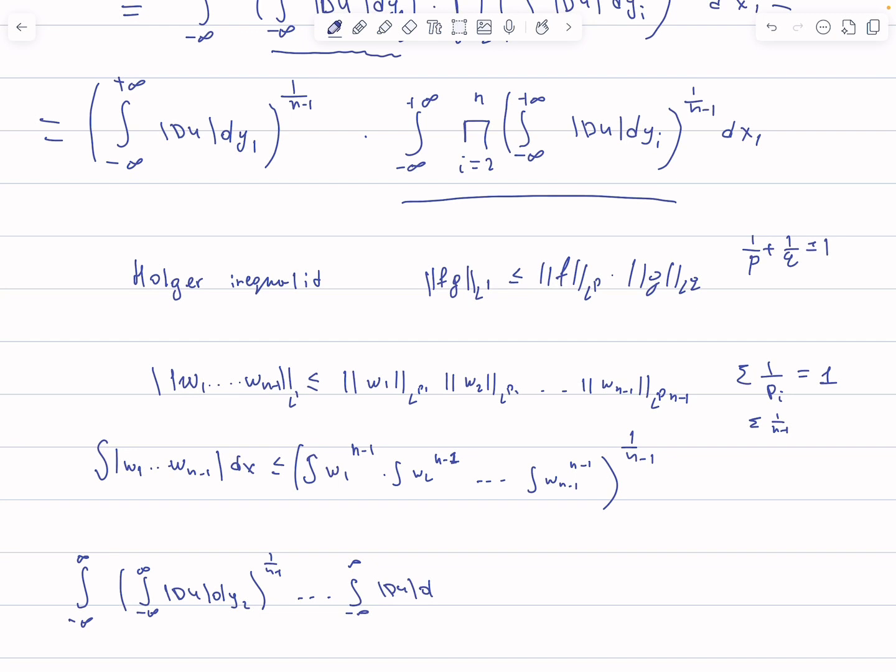So this is our W1, W2, up to Wn. When we take W1 to the power n minus 1, this becomes just this integral.